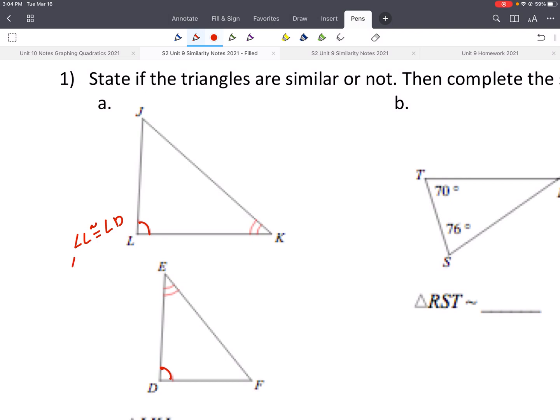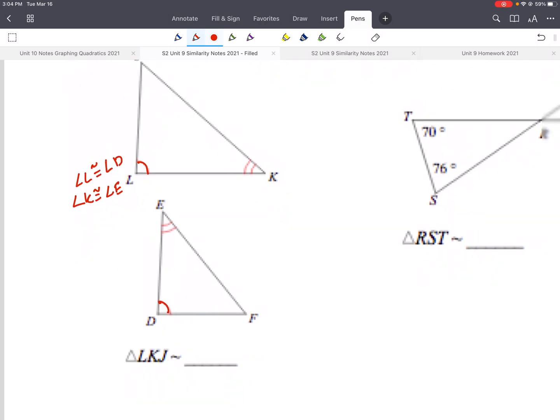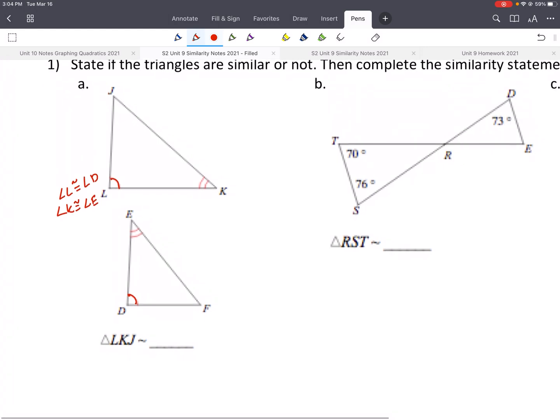And then we know that angle K is also congruent to angle E. So since we have two pairs of congruent angles, then we can say that these two triangles are similar. And so we'll say similar, and we'll say why, by angle similarity. That's a symbol that means similar. Okay, and then we need to fill in the similarity statement.